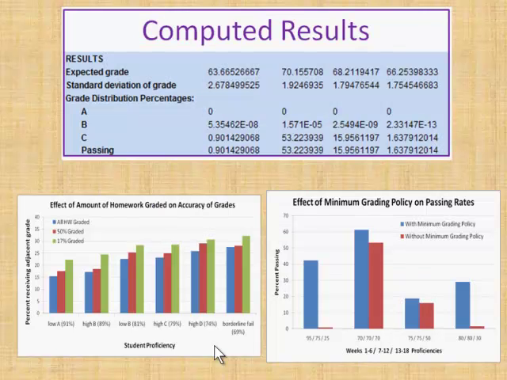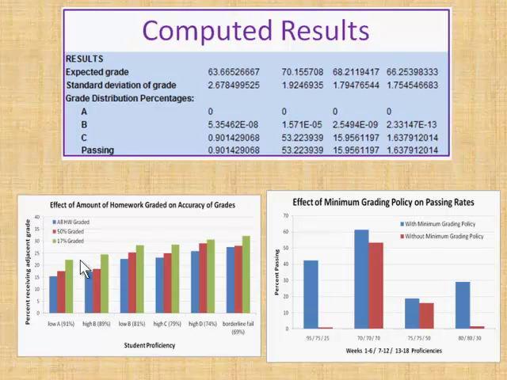So here are the results of some preliminary studies that Kara did. This first was to gauge the effect of amount of homework graded on accuracy of grades. With this particular grading scheme, Kara studied 3 different possibilities: either grade all the homework assigned, half the homework assigned, or 17% of the homework assigned.